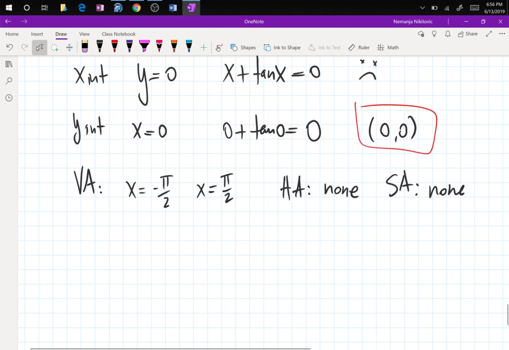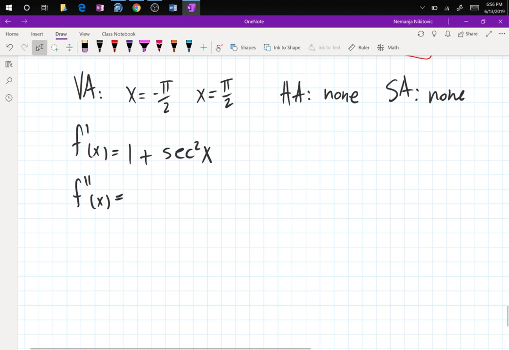We have the first derivative, which is 1 plus secant squared x. And the second derivative: what's the derivative of secant? Very good. The derivative of secant squared is 2 secant times secant x tangent x.